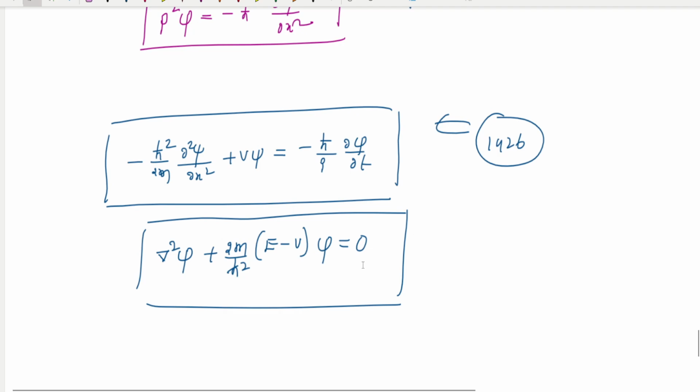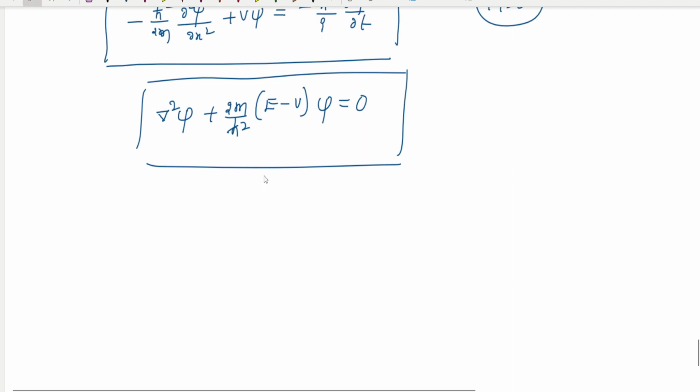First, I'm going to derive perhaps the infinite potential well, which we are familiar with. Next class, I'm going to solve the problems one by one.